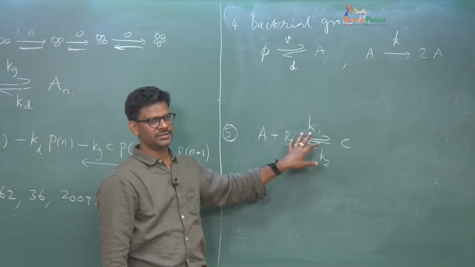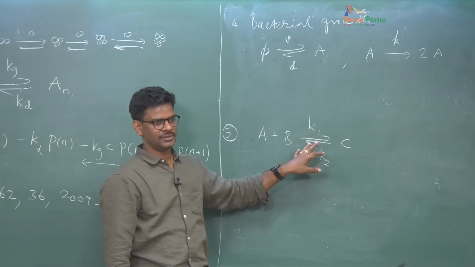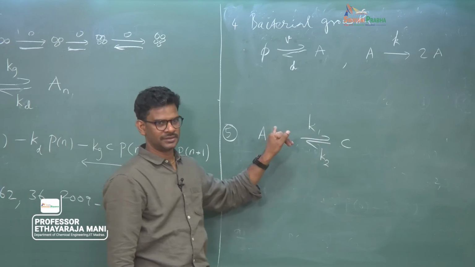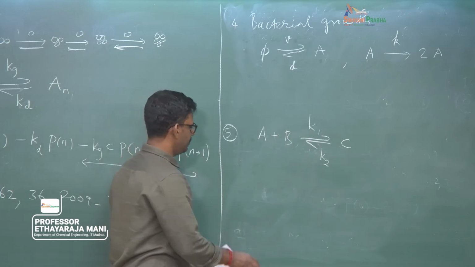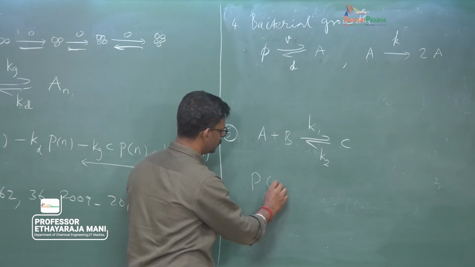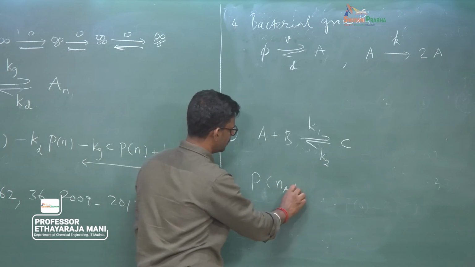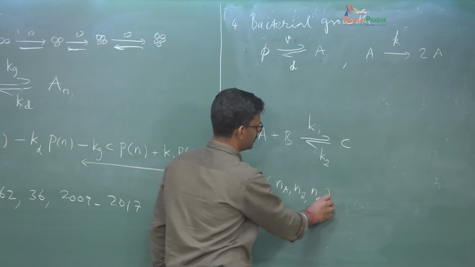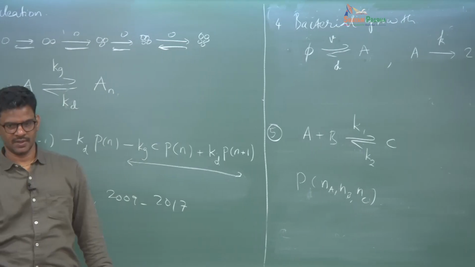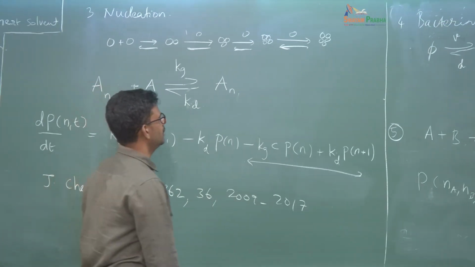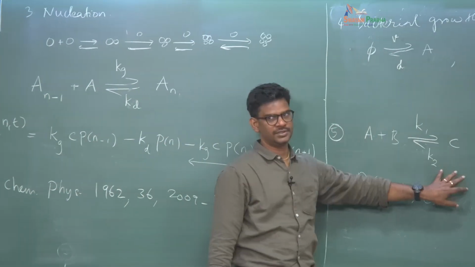So it's going to be a 3-dimensional problem. You have to track the quantities of all. So your probability distribution function P has to be a function of Na, Nb, and Nc. Write the chemical master equation for these 2 problems and then show your results.